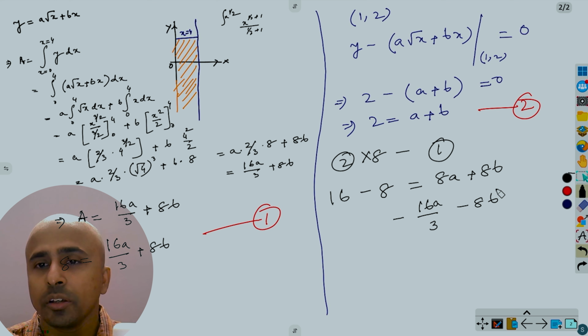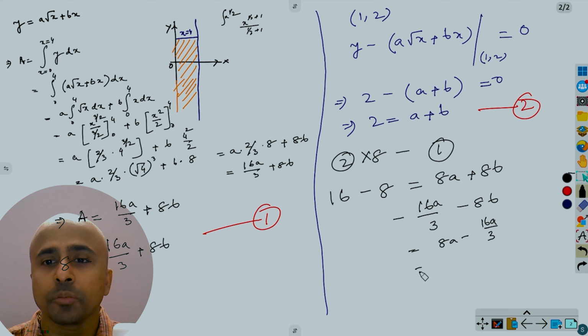This 8b will get cancelled out, and from here we obtain 24a. Let me write it down. From here we obtain 24 minus 16, that is 8a by 3, equals 8 from the left hand side, and from here we obtain a equals 3.